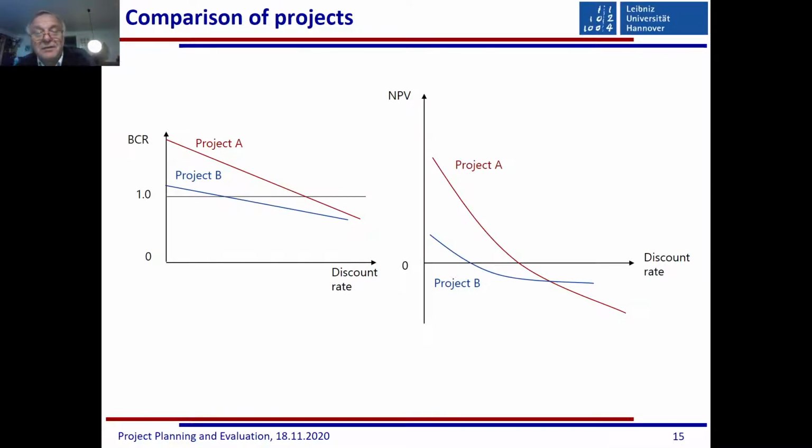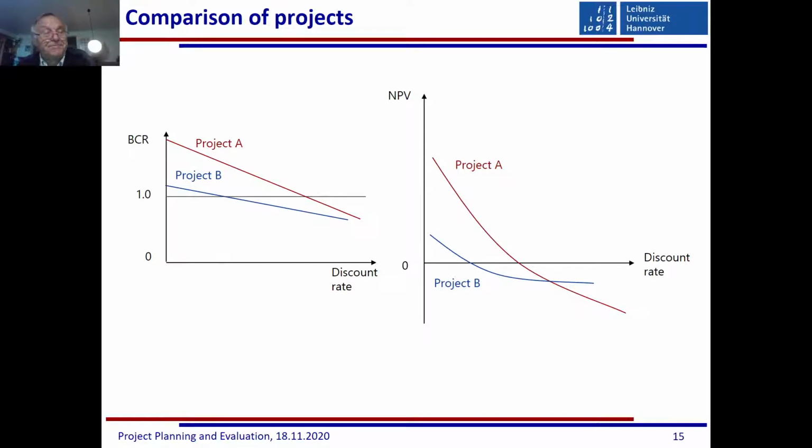Look at this. Look at the two graphs. So you have here the benefit cost ratio on the first panel, and on the second panel you have the NPV. Let's talk about the benefit cost ratio. So we said the cutoff point is 1.